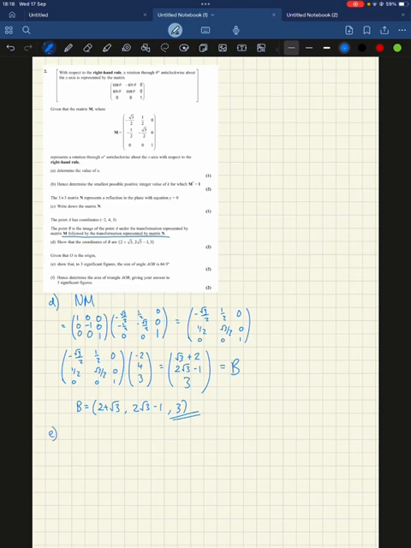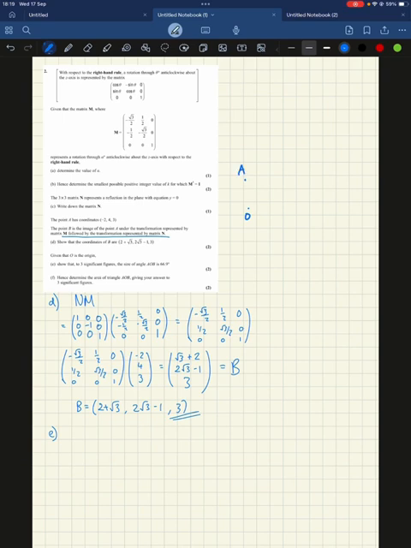Now part E. Given that O is the origin, show that to three significant figures the angle AOB is 66.9 degrees. Okay, so if we just sketch here. So AOB, so O is over here. A is minus 2, 4, 3. I have no idea where that will be.